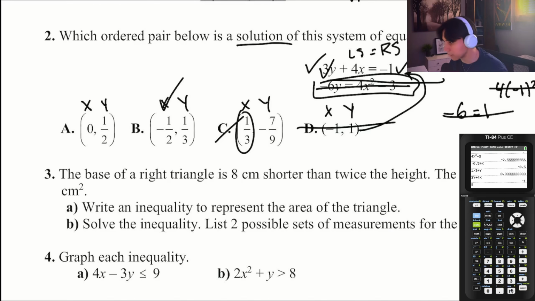Now let's try the other one. Negative 6y gives us negative 2 as our left side, which has to be equal to our right side. So let's plug in the right side, 4x squared minus 3. This should give us negative 2, and it gives us negative 2. So this is a solution where left side equals right side on both of our equations. Therefore, B is the best answer there.